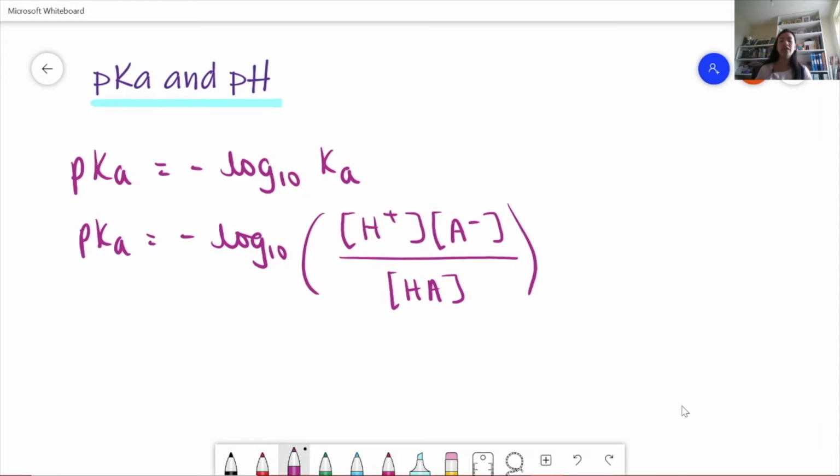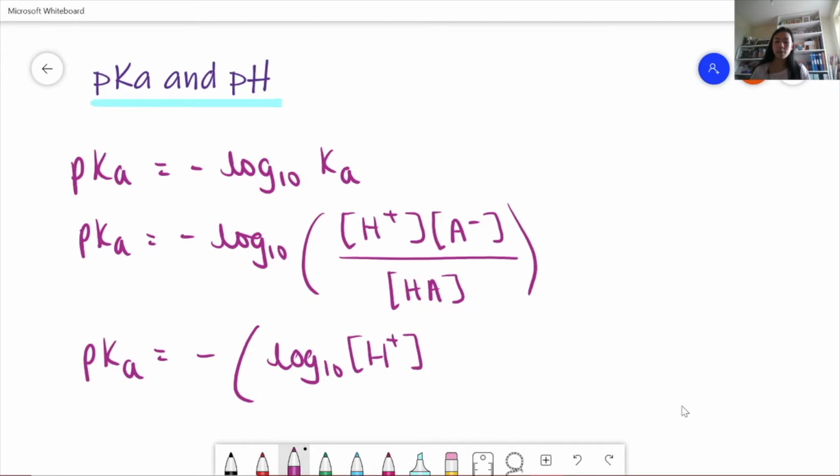And so using laws of logs, we then have the pKa is equal to minus the log to the base 10 of this H plus, the log to the base 10 of the concentration of A minus over the concentration of HA.